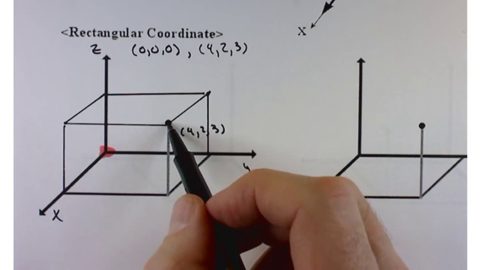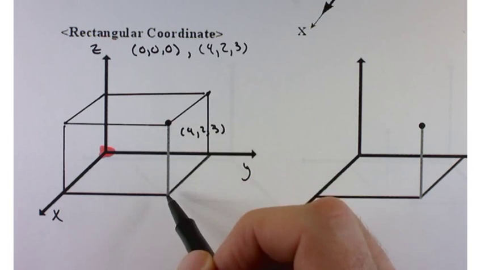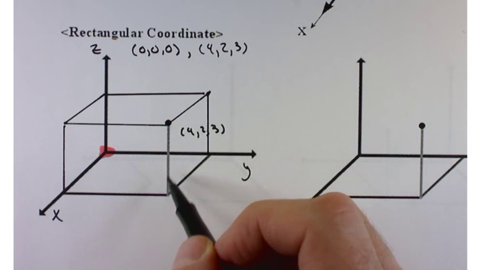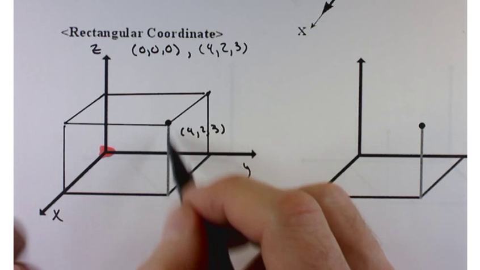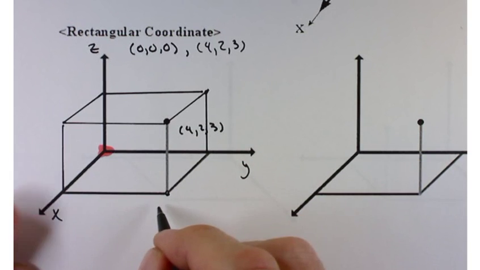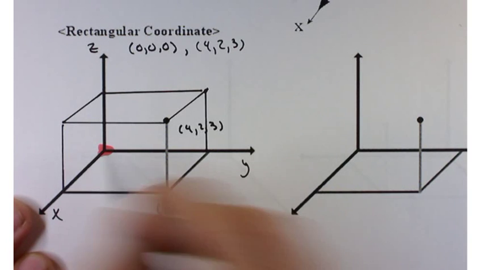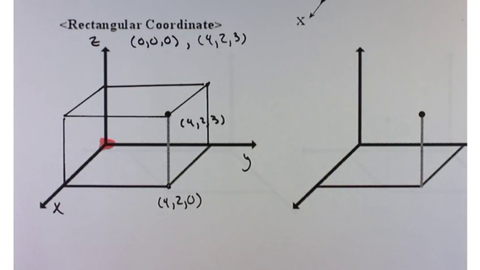We're going to start out at this coordinate. Now if I move down to the xy plane, which coordinate am I changing? Am I changing the x, y, or z? The z coordinate. So if I come down here, now I'm going to be at the same x-coordinate, the same y-coordinate, but the z-coordinate is going to be 0. So that's going to be my new coordinate there.